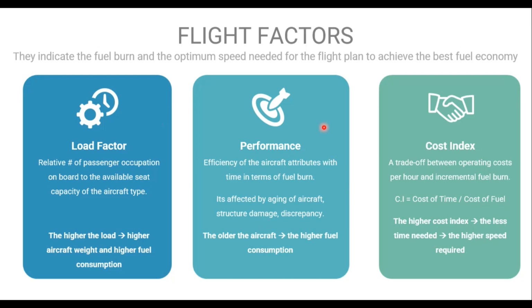Also, the performance measures, or what we call the performance value of the aircraft. It's basically the performance factor. When you see it in the flight plan, if you are a pilot listening here or someone working in flight operations, you will find that there is something called cost index, and there is something called performance factor.